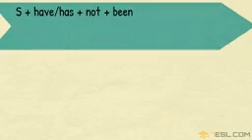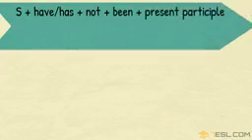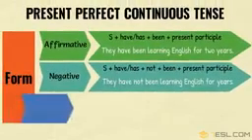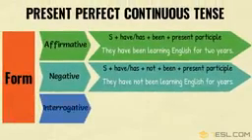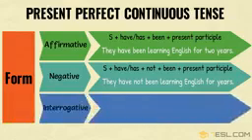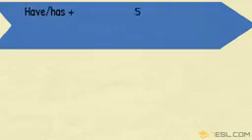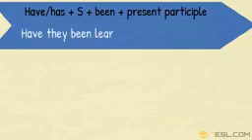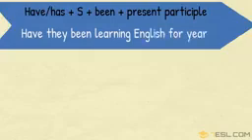Subject plus have or has plus not plus been plus present participle. They have not been learning English for years. Interrogative. Have or has plus subject plus been plus present participle. Have they been learning English for years?